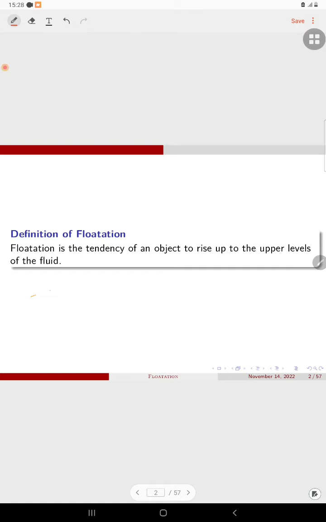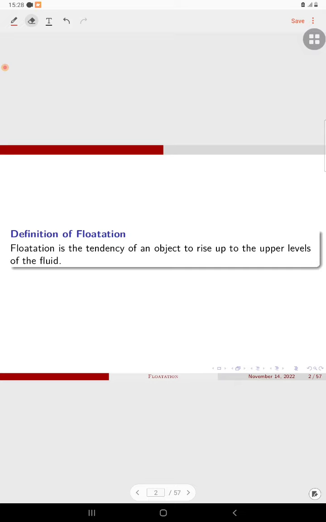The general name for a liquid or gas. So when we place something in a fluid and that object has the ability not to go down but to rise up, then what we mean by it is flotation.